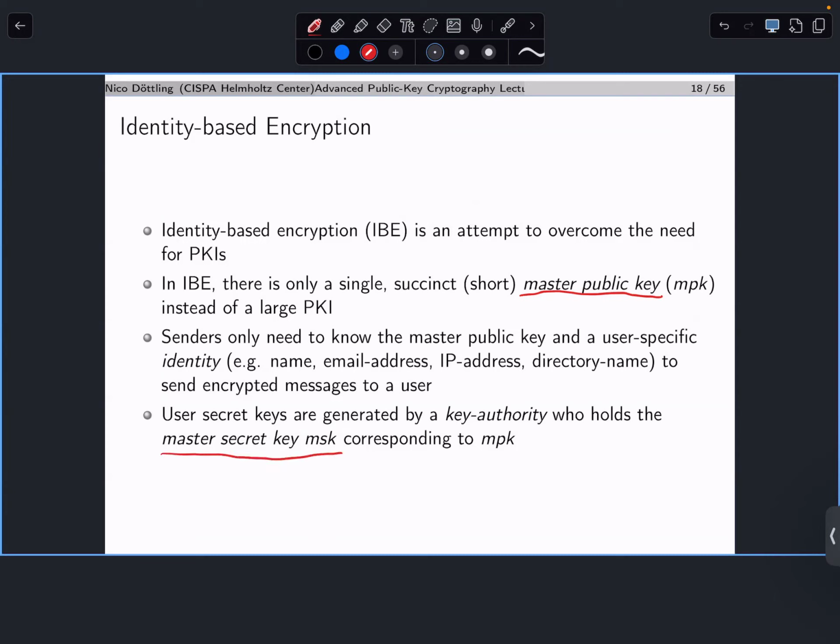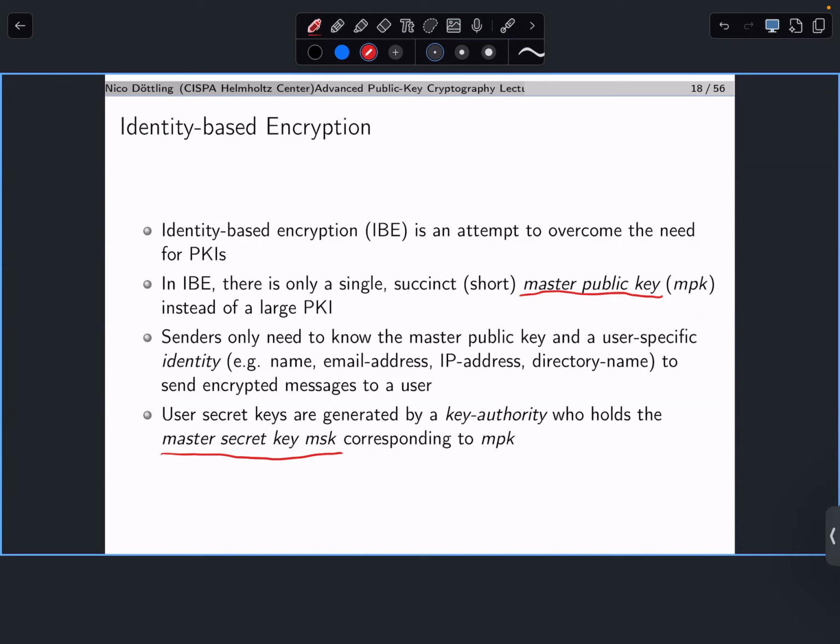So we have a key authority that publishes the master public key and keeps the master secret key for itself. And now I can go to this authority and say, hey, I'm Nico Döttling. Please issue me a user secret key corresponding to this master public key for my identity.